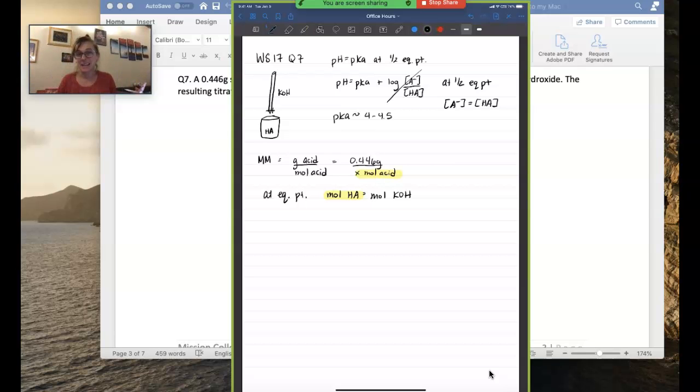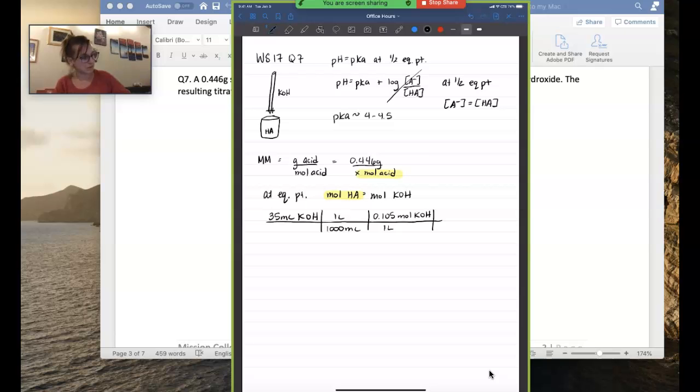And we estimated about 35 milliliters of the KOH was added to reach the equivalence point. We're going to convert that to liters because my molarity has volume units in liters. We were given that it was a 0.105 moles per liter KOH solution that was in our burette.